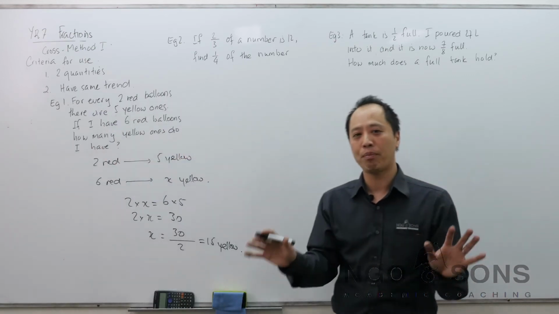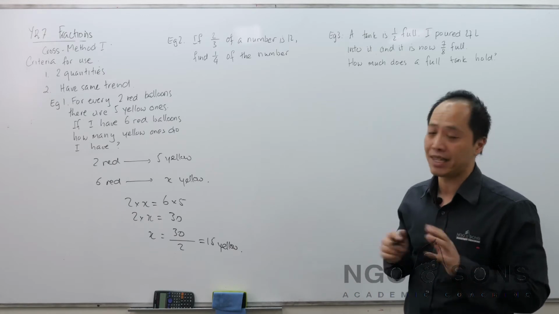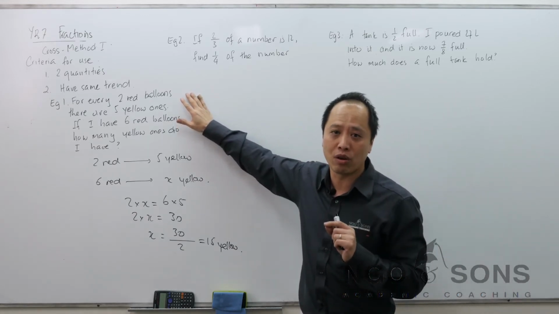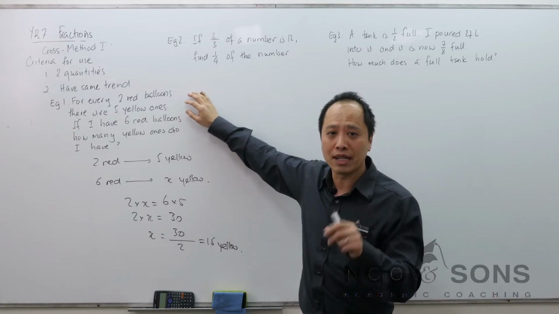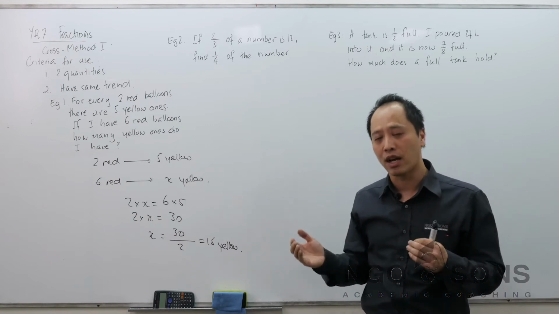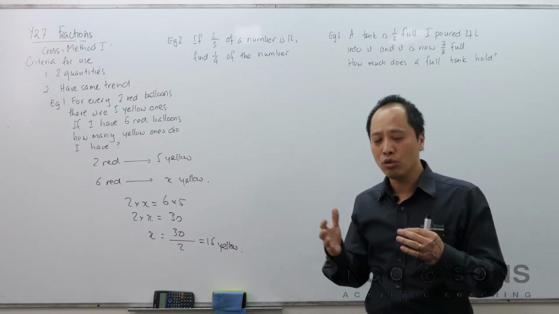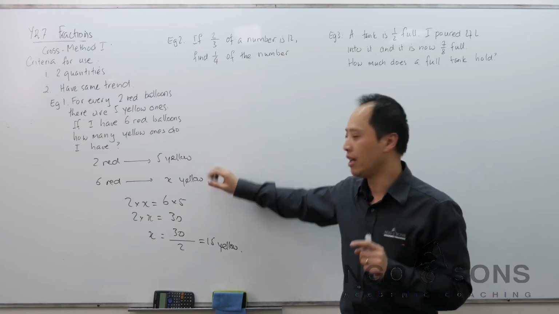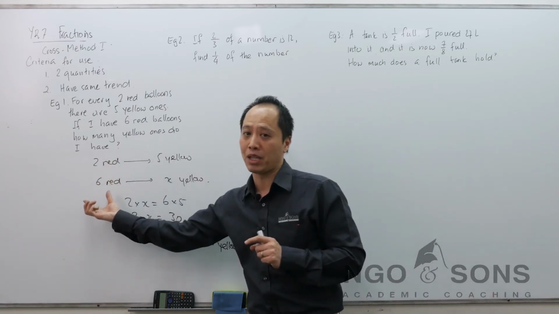So let's recap what I want you to learn in this example. First of all, understand why we can use the cross method. Here we've got 2 quantities, and the 2 quantities are in the same trend. The second thing is, once you've decided that you can use the cross method, you must set out your working. The key thing is that all the quantities that are the same must be on the same side.